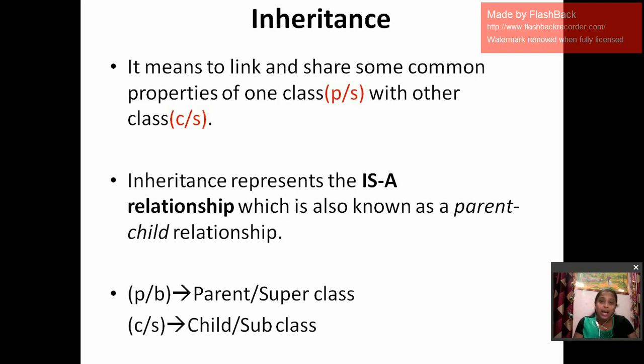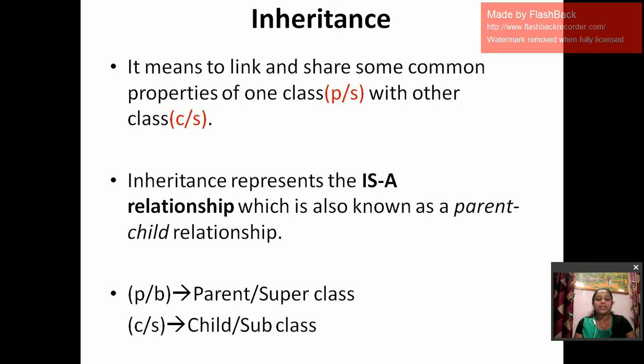The new class is actually the child class, and the old class from which we are acquiring the properties is called the parent class. Now, inheritance represents an is-a relationship, and it is a parent-child relationship.